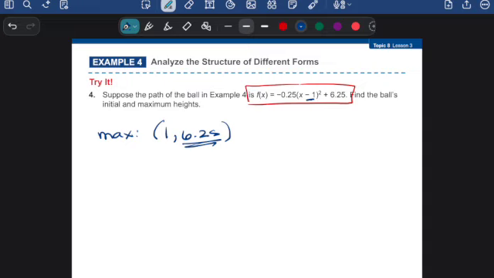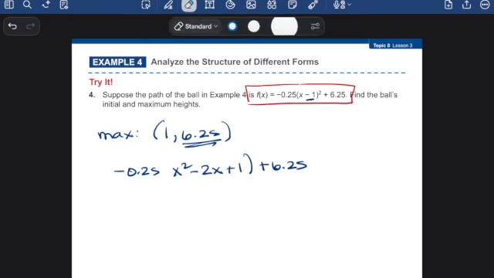And then we need to do the math to turn it into standard form to find the y-intercept, or the initial value. So we're going to square our binomial first. So it becomes x squared minus 2x, so minus 2ab, plus b squared, which is 1. And then don't forget, we're also adding the 6.25.